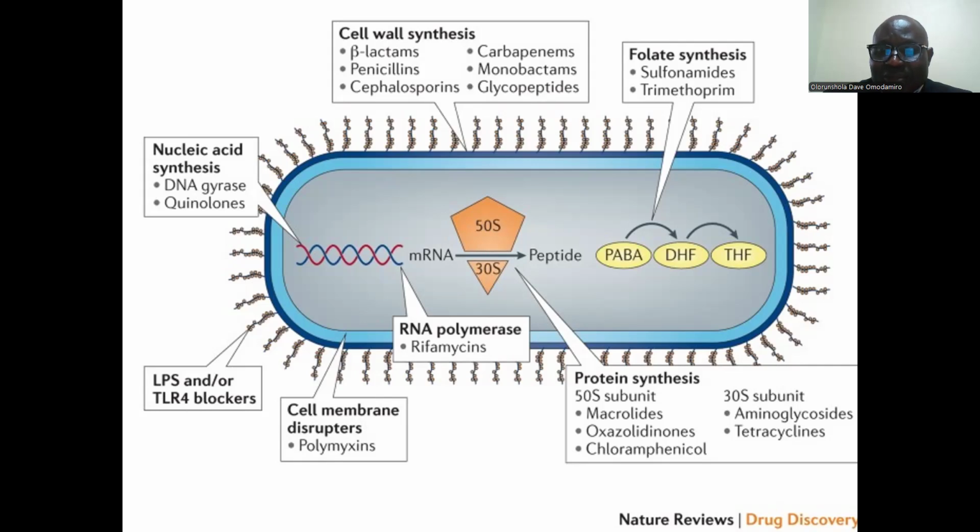Sulfonamide inhibits the synthesis of folic acid by the bacteria through the inhibition of folic acid synthase, while trimethoprim inhibits the same synthesis, but through the inhibition of dihydrofolate reductase.